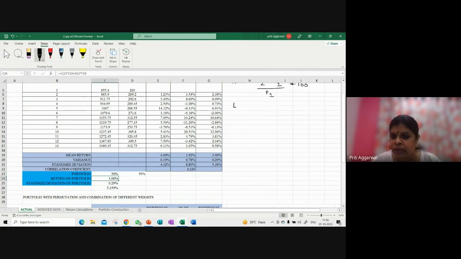So your expected return of the portfolio, or mu of the portfolio, will be WH, the weight of Hindustan Unilever, into the expected return of H, plus WS, the weight of SBI, into the expected return of SBI. This too gives you the expected return of the portfolio, that is 3%.